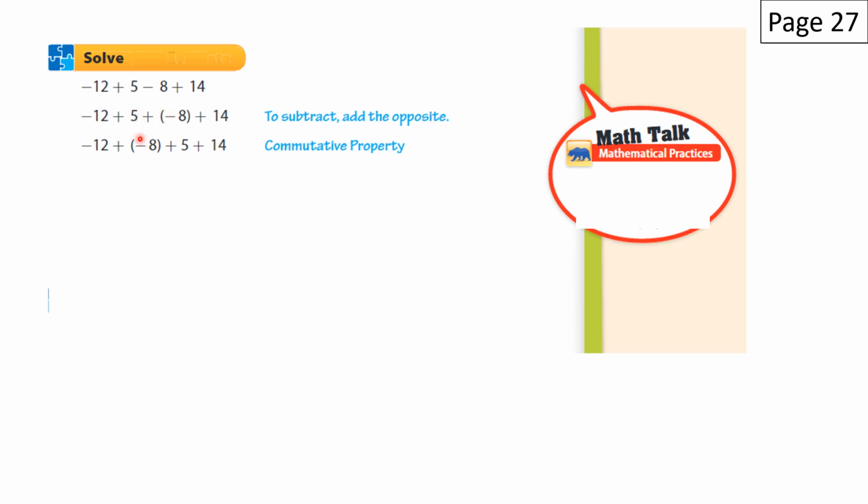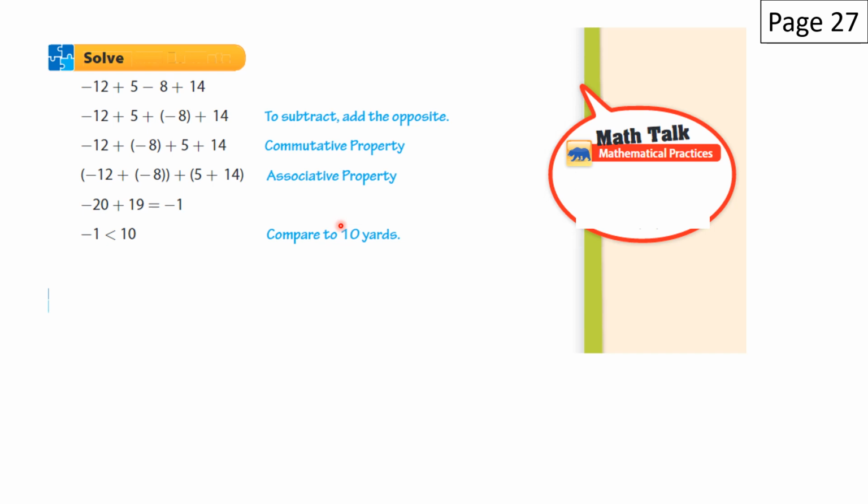So now we can see that this is going to be negative 20. And the associative property, again not totally necessary, gives you the ability to add grouping symbols. So that's what's done here and here. So this is negative 20 and this is 19. And negative 20 plus 19, they're different signs, so you have to subtract them. Keep the sign of the 20, it's negative 1.